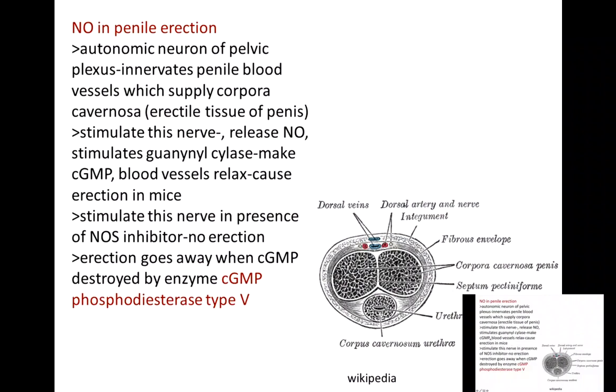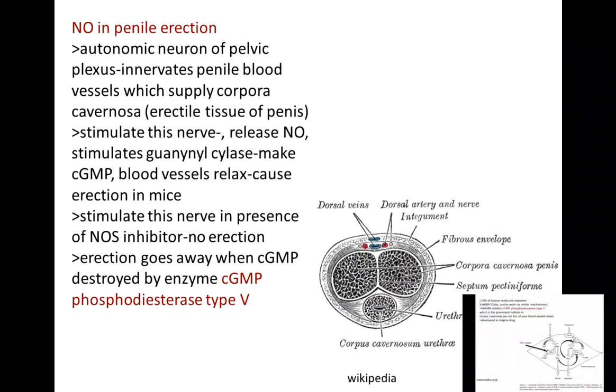The second messenger is destroyed. And that thing that destroys the second messenger is called cyclic GMP phosphodiesterase type 5. And type 5 is the type that is expressed in erectile tissue. There are other types found throughout the body, and they have something to do with some people who have adverse reactions to these drugs. Okay.